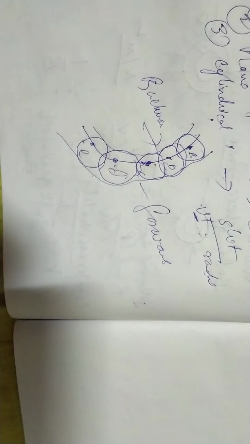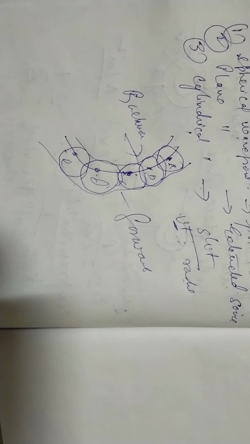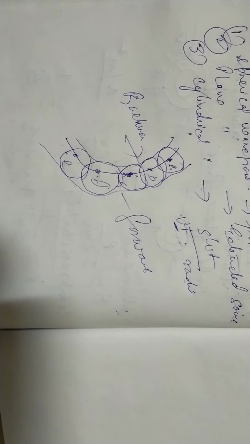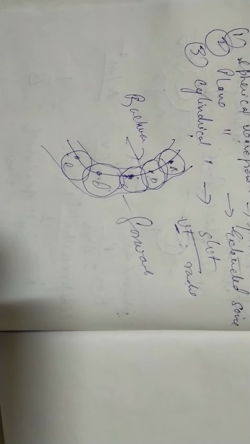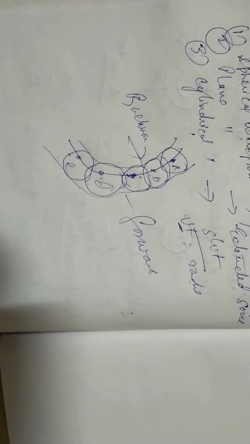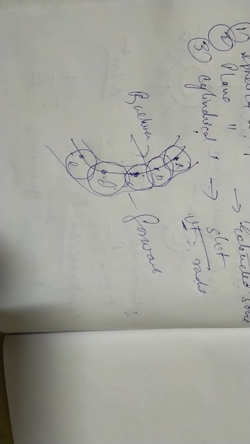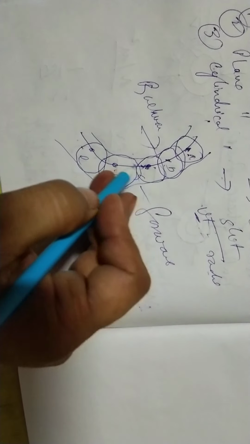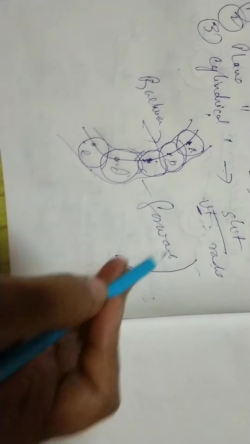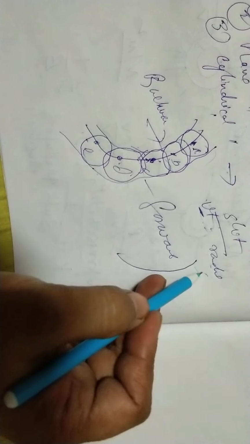So Huygens said that every particle of the medium situated on the wavefront acts as a new wave source from which fresh waves originate. These waves are called secondary wavelets. The secondary wavelets travel in the medium in all directions with the speed of light, and we take the envelope of the secondary wavelets in the forward direction. The backward direction does not contribute; the forward direction helps in the propagation. So this is the primary wavefront, the backward is not contributing, and the new wavefront is this.